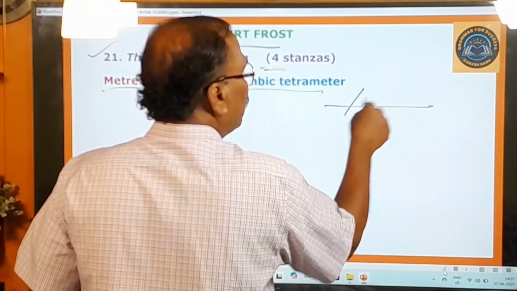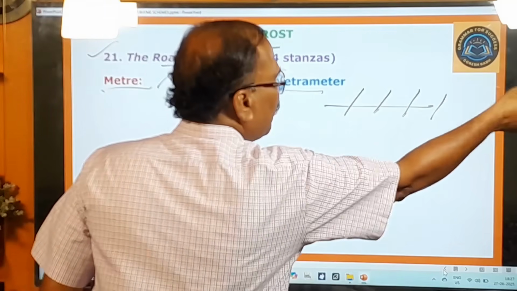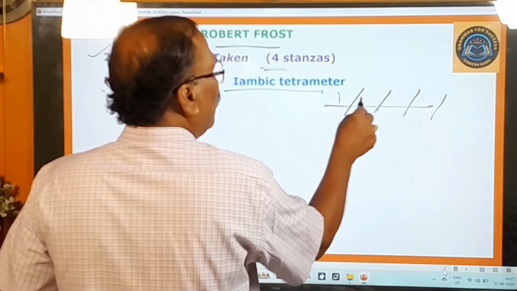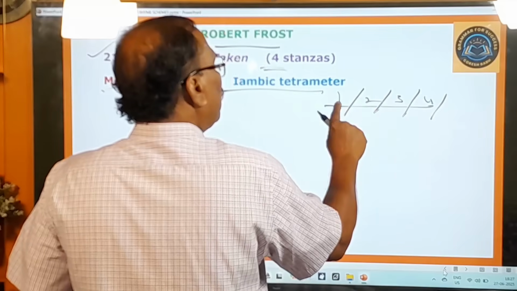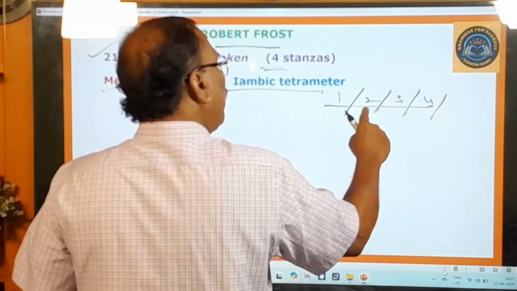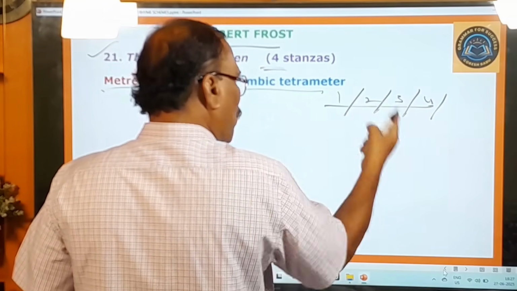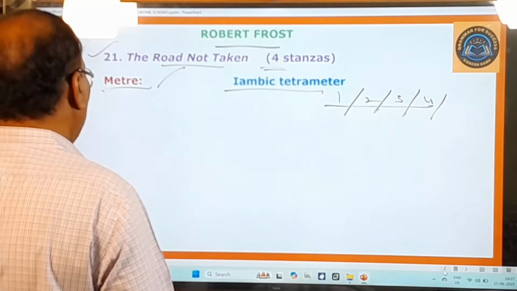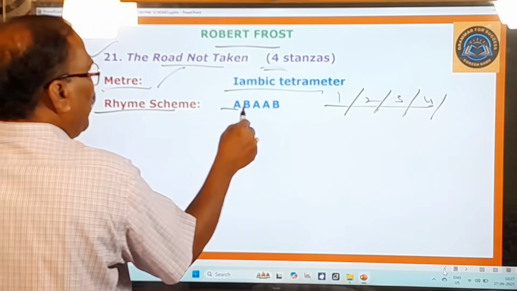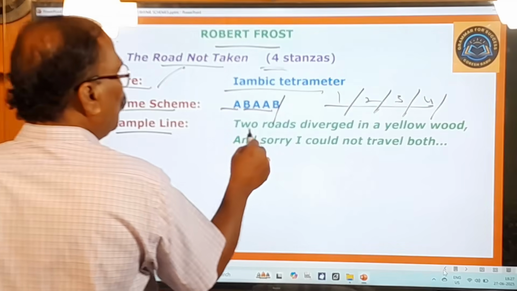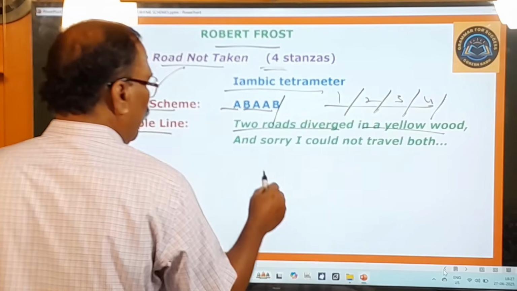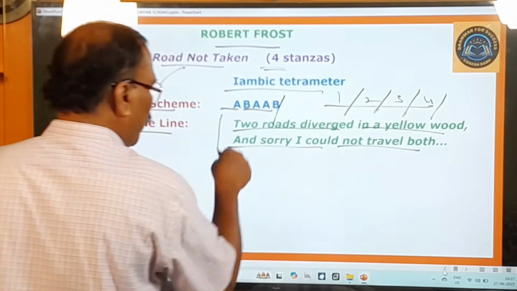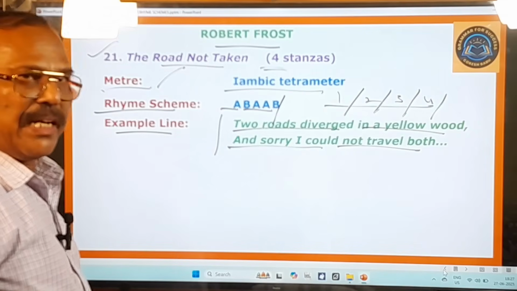Tetra means 4 feet, pentameter means 5, trimeter means 3. So 4 iambic feet will be there in 1 line. Whenever it is so, it is called iambic tetrameter. Rhyme scheme ABAAB. Example lines: Two roads diverged in a yellow wood, and sorry I could not travel both. The very first lines are given as an example for you.